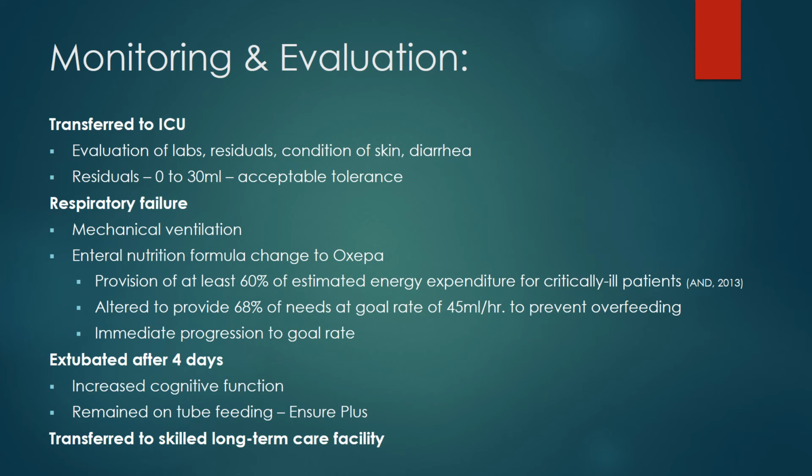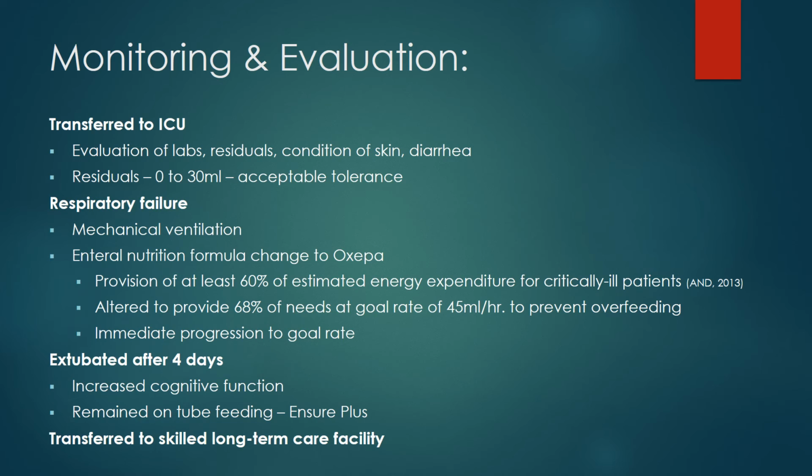So we backed off on the formula and recalculated her needs using the Penn State equation for mechanically ventilated critically ill patients, for the formula to provide 68% of her needs at a goal rate of 45 mils per hour, in prevention of overfeeding. Because at that point the patient was pretty edematous as well. And then since we'd been at goal rate with the 65 with the Ensure formula, we immediately progressed to the goal rate of 45 an hour while in the ICU.